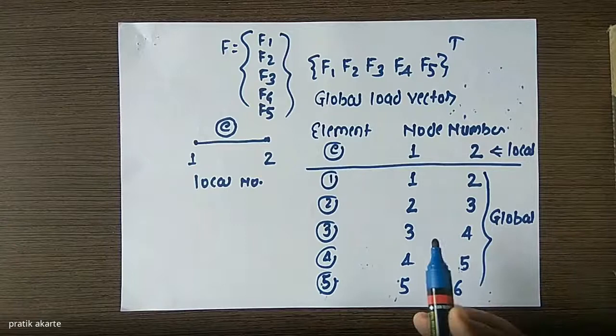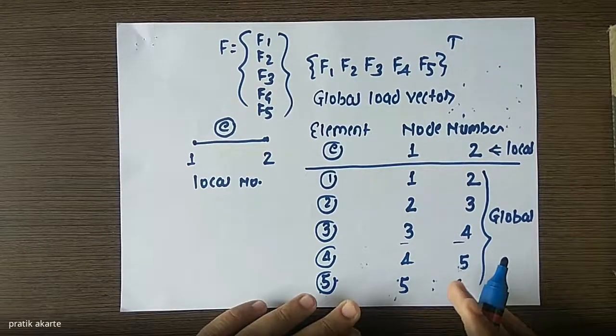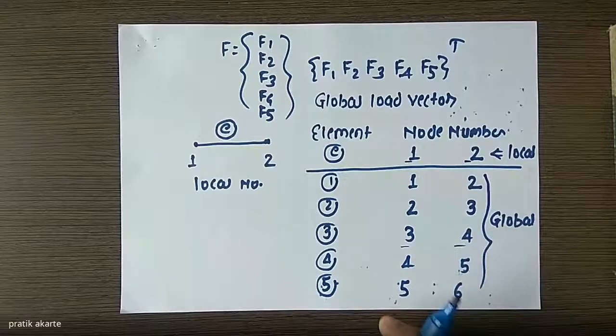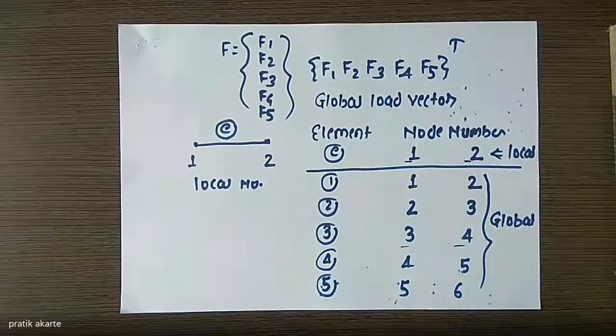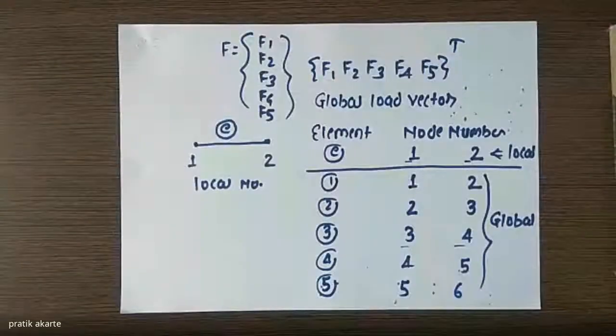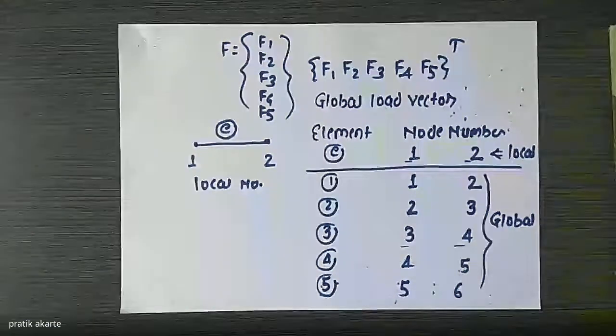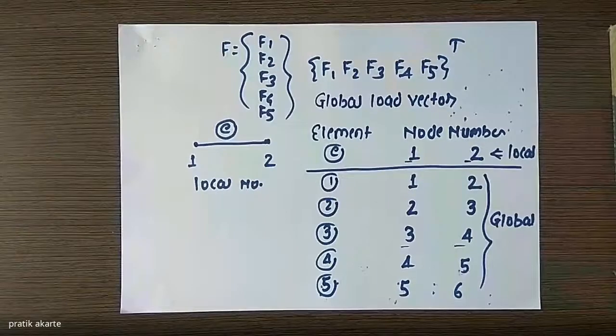So this connectivity establishes the global to local relationship, and this concept helps us simplify the formulation of the individual element matrix, which can be used to combine and formulate the global stiffness matrix, to be very precise.